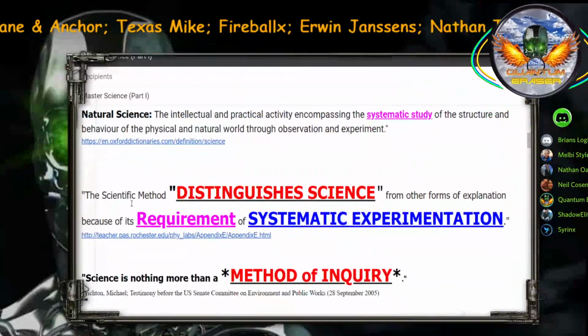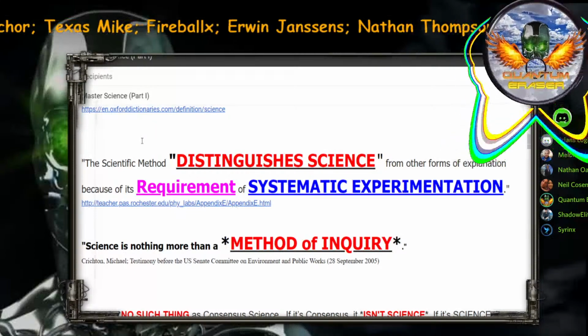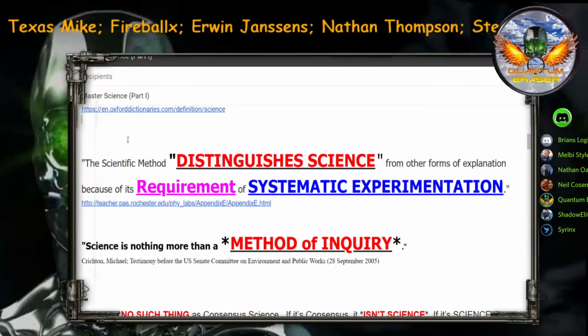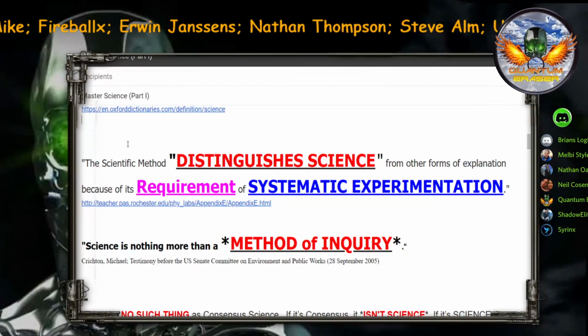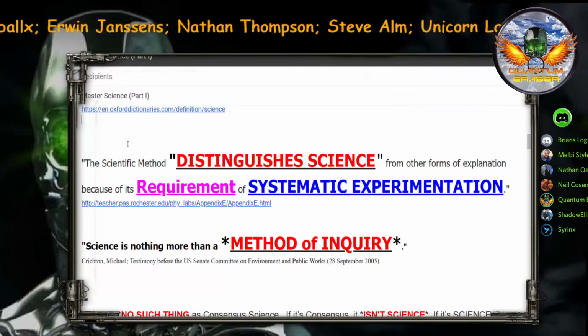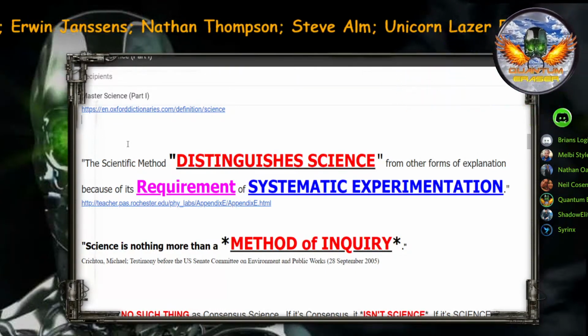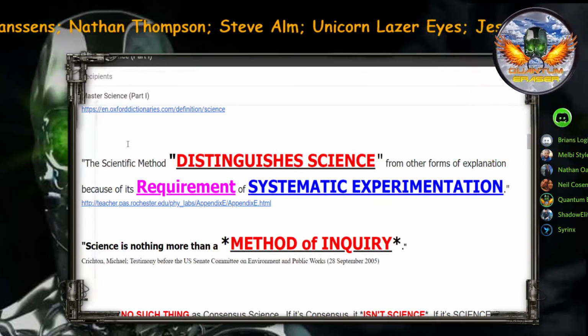I've peppered this throughout the presentation, and we'll be going over my pepperages. So this is from the University of Rochester Physics Lab. The scientific method distinguishes science from other forms of explanation because of its requirement of systematic experimentation.